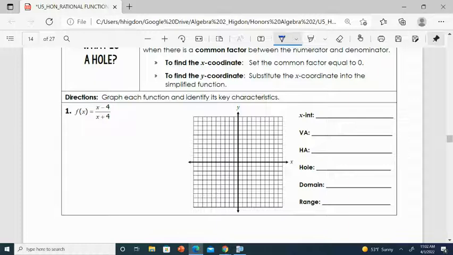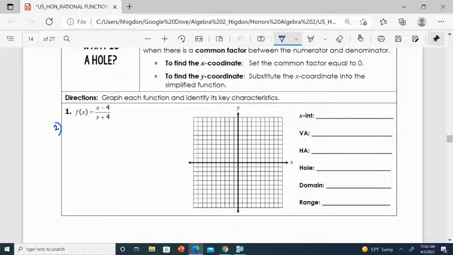So step number 1 is already done. So in step number 2, we are going to find the x-intercepts by setting the numerator equal to 0. So the numerator is our x minus 4. We're going to set that equal to 0. Add the 4, get x equals 4.